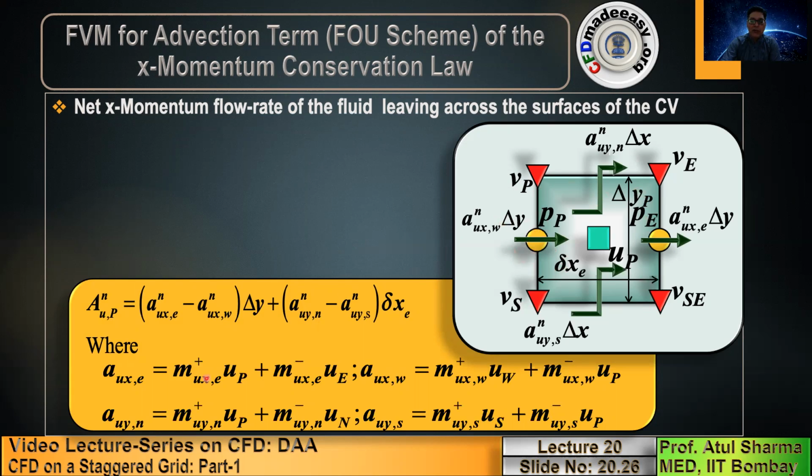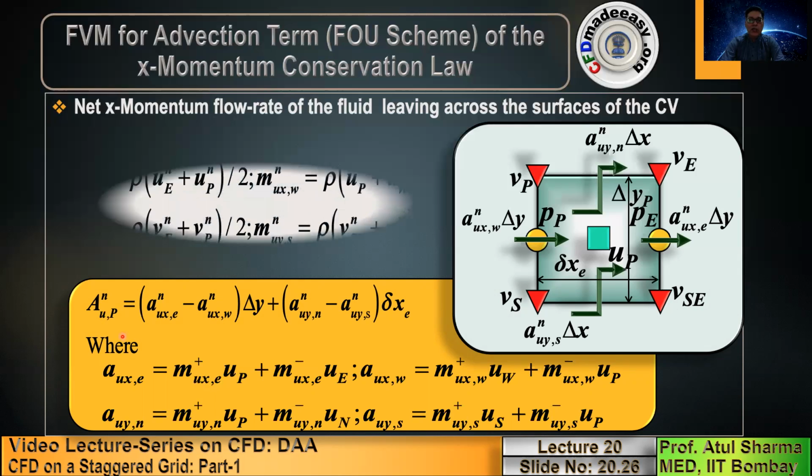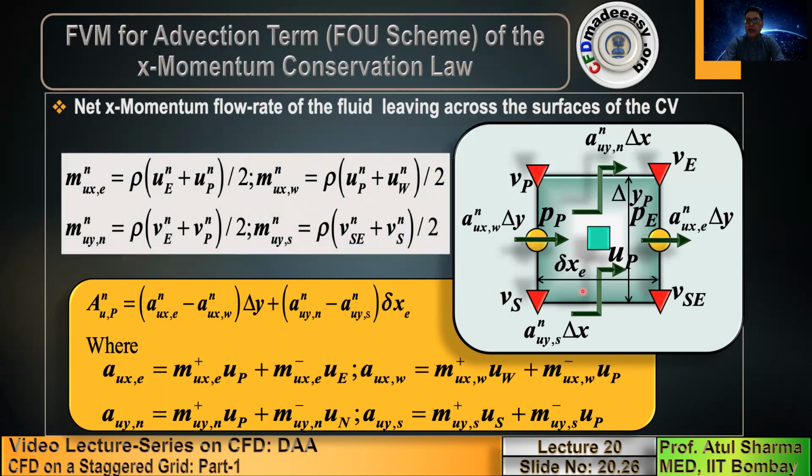That's why in mass conservation I used a different symbol, only mx. For x momentum conservation, for this mass flux I am using an additional subscript, mux, because the grid points of mass flux are different for the three control volumes: mass conservation, x momentum conservation, and y momentum conservation. The grid point for mx, my is different. Note that to calculate mx here, you will need u here.